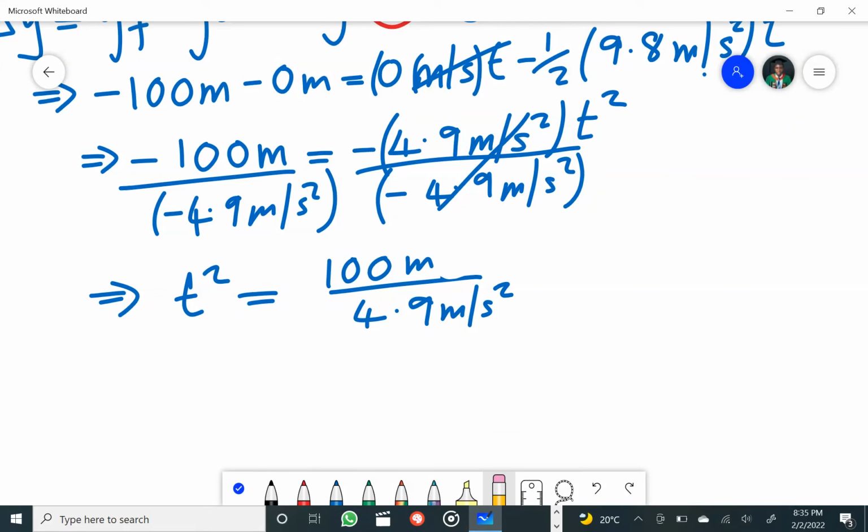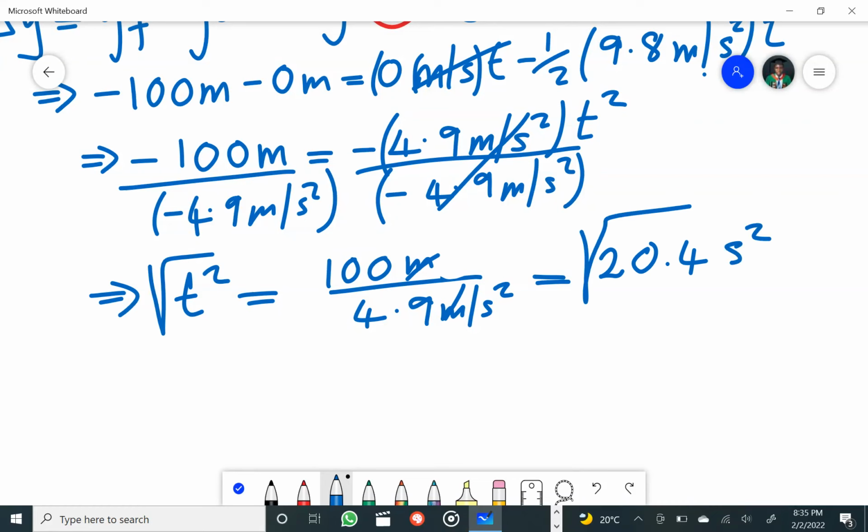So now let's do the calculation. That's going to be 100 divided by 4.9, isn't it? So that's going to be 20.4. So this cancels, so you're remaining with second squared. You square the time, so the time is going to be the square root of 20.4.